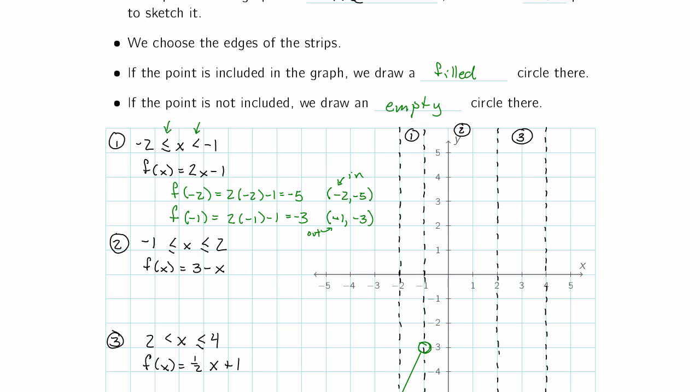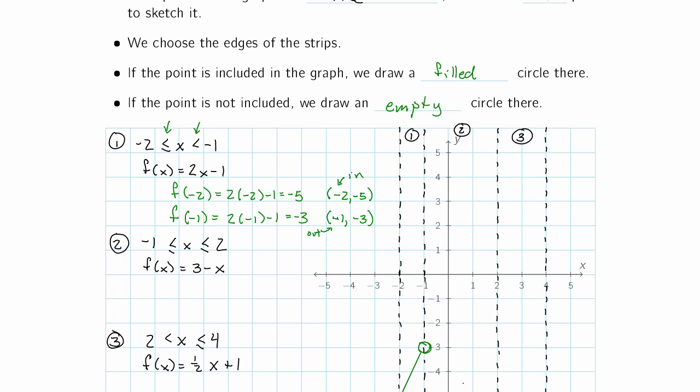The filled-in circle says this point is really here on the graph. The empty point says points really close to negative 1, negative 3 are on the graph. Negative 1.001, comma, whatever we get if we plug in negative 1.001 in that formula, that's going to be on the graph.